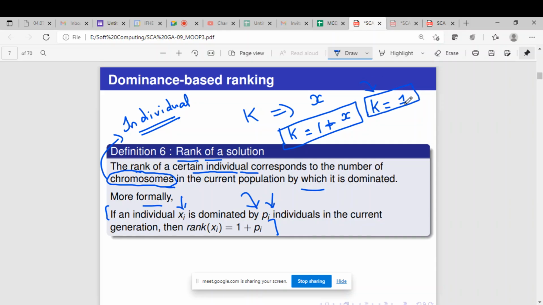If some individual has rank 1, it means there is no solution dominating it. If 5 individuals were dominating k, the rank of k is 6. That is how the rank is calculated: if an individual xi is dominated by pi individuals, its rank is 1 plus pi.